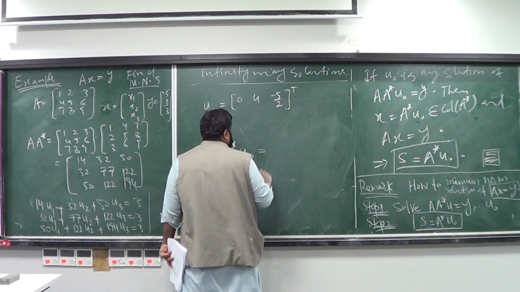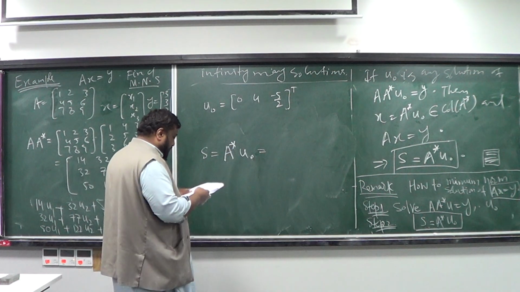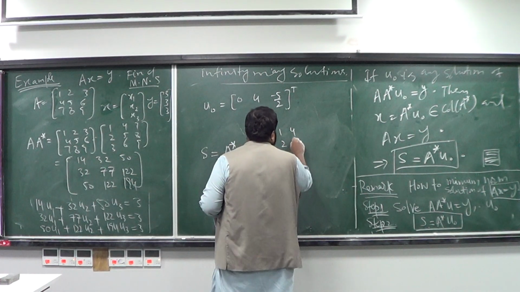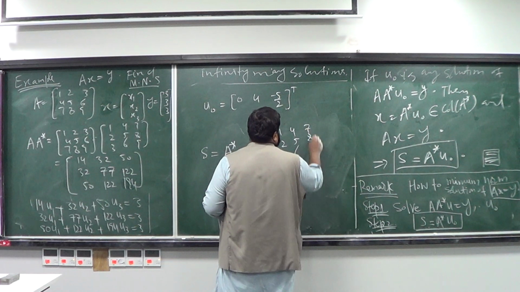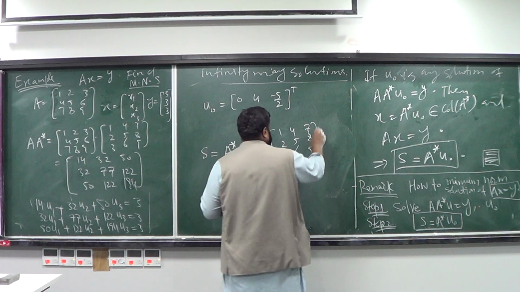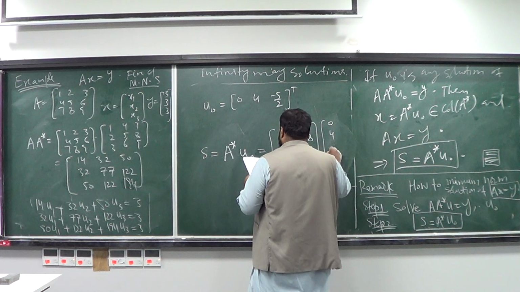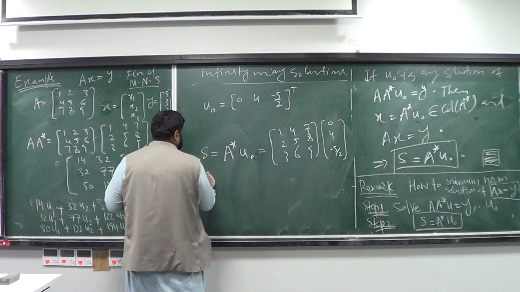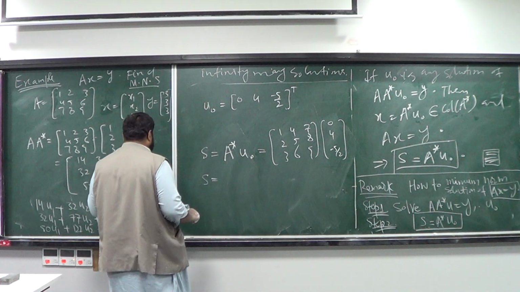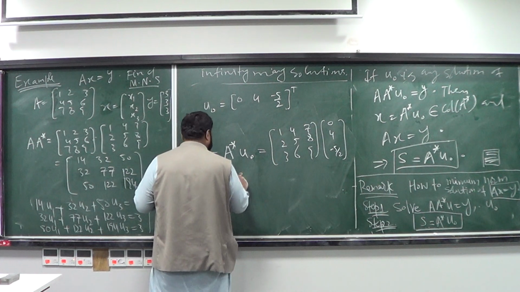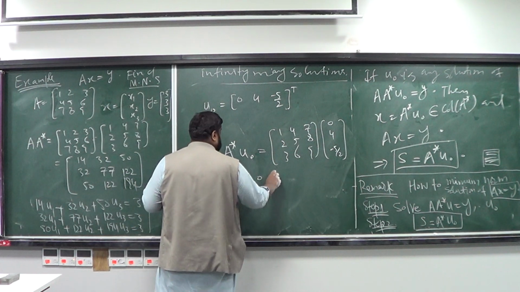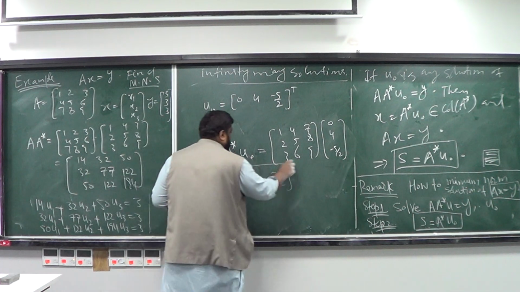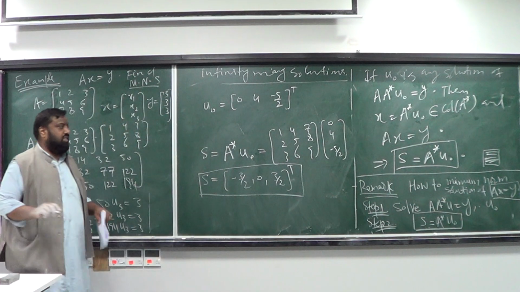So A star u0 is the matrix 1, 2, 3, 4, 5, 6, 7, 8, 9 transposed, multiplied by u0 = (0, 4, -5/2). So S is going to be the vector (-3/2, 0, 3/2) transpose. This is really the minimum norm solution of the given system.